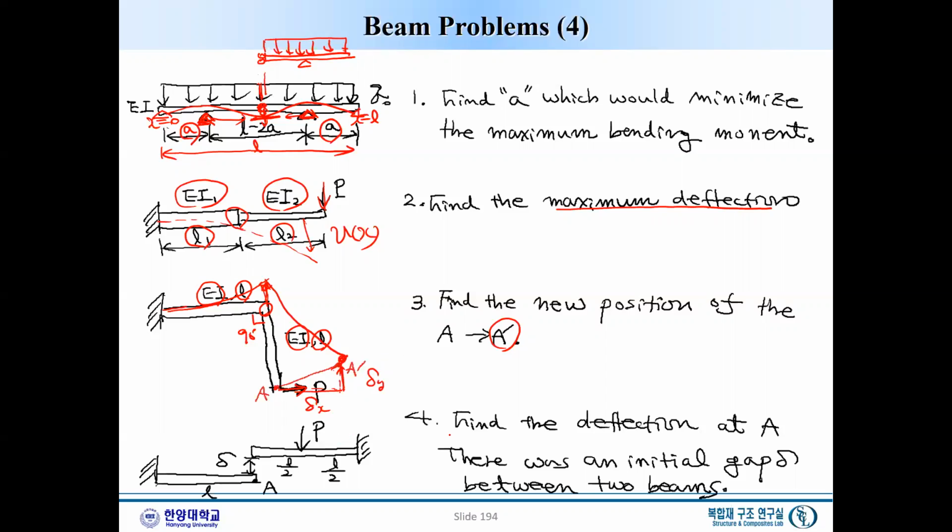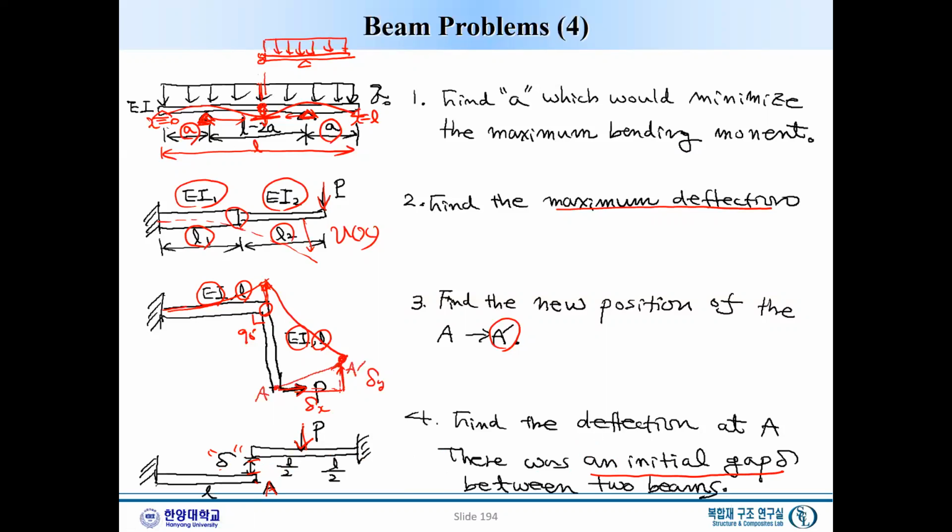Now, the last one is similar to the previous, but now we have two beams that are separated. There is an initial gap, a space between the two beams. Now the upper beam is loaded by the force P at the center. And this point A will deflect, certainly, but how much?